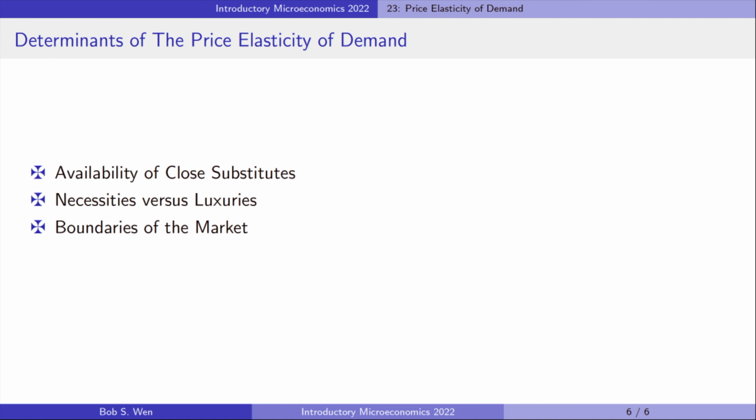Last but not least, goods tend to have more elastic demand over longer time horizons. Many studies have examined customers' response to changes in gasoline prices, and they find that the quantity demanded responds more in the long run than it does in the short run.